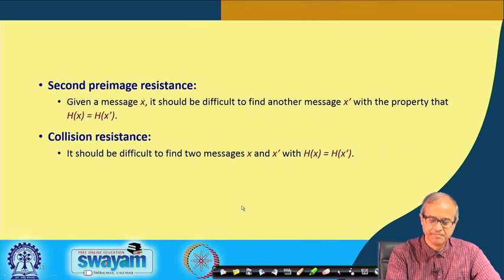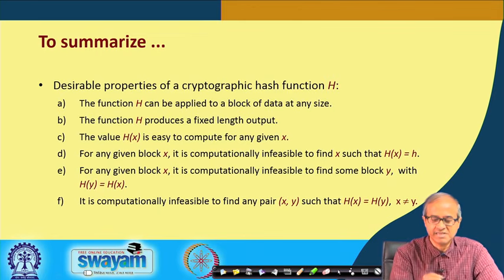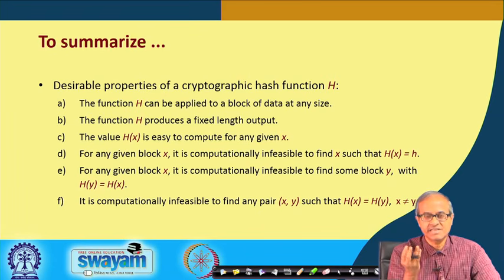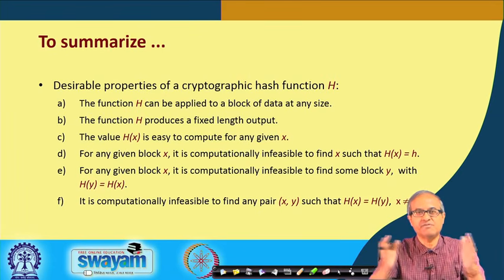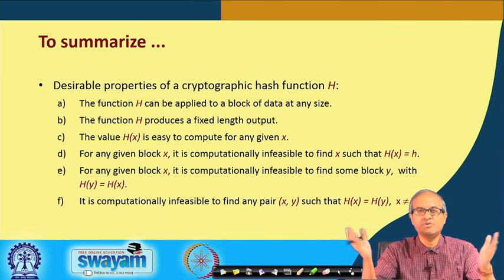Okay. Just to summarize what we have said, the desirable properties of a hash function h. The first thing, of course, is that h should be applicable to a message of arbitrary size. Of course, not arbitrarily long; there is an upper limit, but that upper limit should be very large.